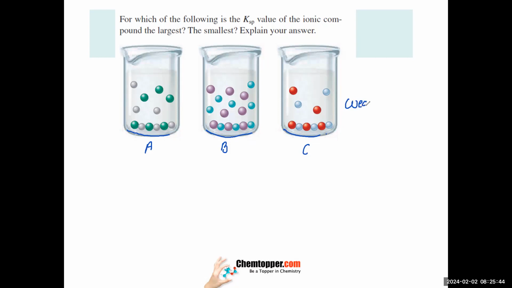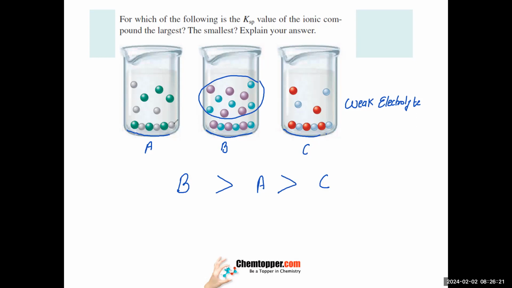Weak electrolyte. Can I compare their solubility? Can you tell me which one is the most soluble and which one is the least soluble here? Which salt is most soluble, the salt of A, B, or C? The one which is giving you more ions in the water. B, yes. And which one is the least? C. So the solubility order of these salts is like this.